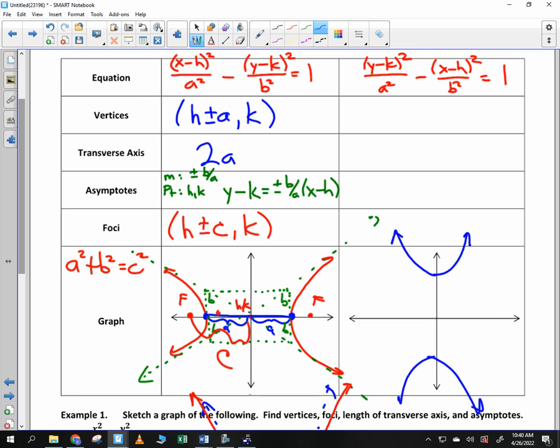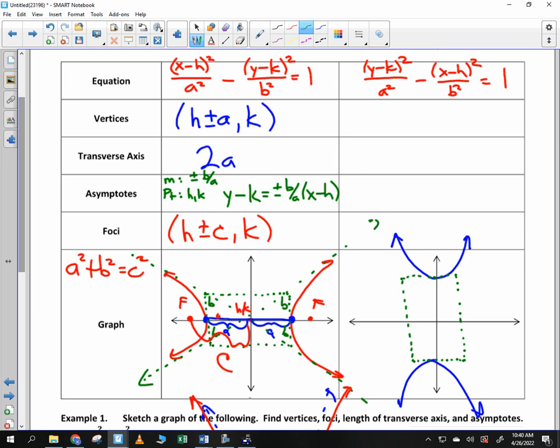So if you have a vertical hyperbola, it's because the y comes first. It's positive, whereas the x is negative. You see that? Okay? So as we make our box, anybody want to guess how many units I go in the y direction?